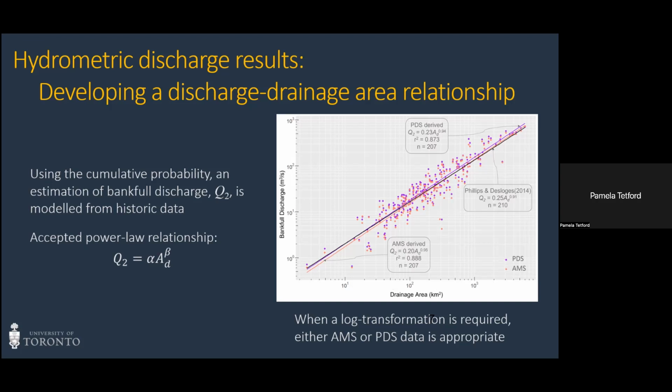On the plot that we have here, it has both the AMS and the PDS data sets. And then also the black line represents other research findings.